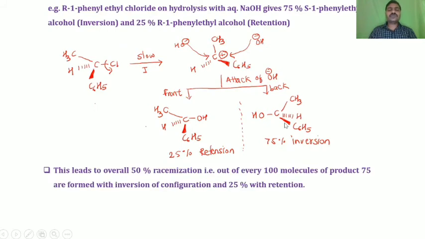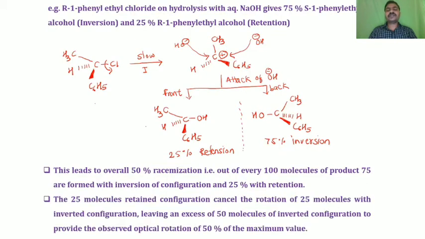So this leads to overall 50% racemization. That is, out of every 100 molecules of product, 75 are formed with inversion of configuration and 25 with retention.